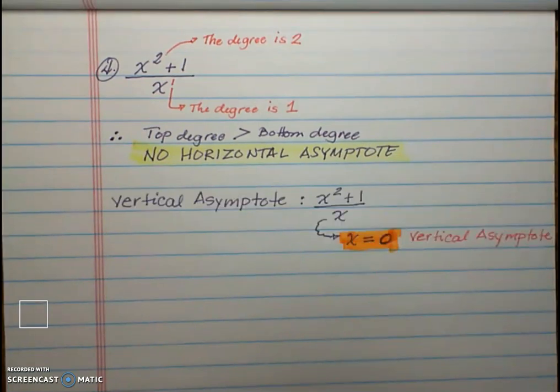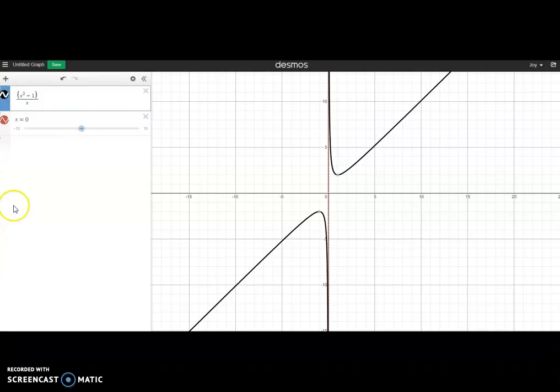Now we're going to use a graphing calculator to confirm all these. This is your function, x squared plus 1 all over x, represented by the black graph. The red one is your vertical asymptote, x equals 0. So there is a vertical asymptote, but there is no horizontal asymptote. Let me make that clear: there is no horizontal line that your graph tries to approach and get very, very close to.